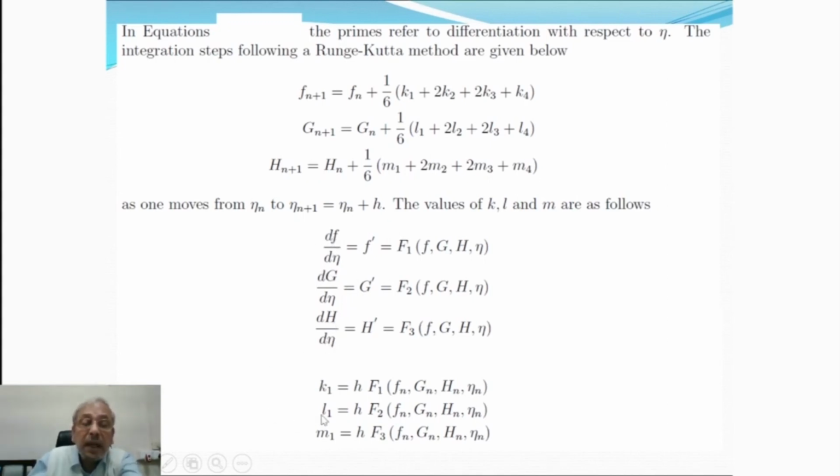And k1, l1, m1 are basically h, the small increment, into f1, the function at fn, gn, hn, eta n; h into f2 at fn, gn, hn, eta n; h into f3 at fn, gn, hn, eta n.